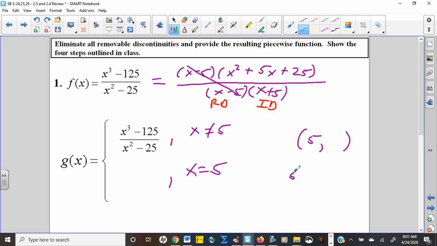So that's going to be 5 squared plus 5 times 5 plus 25 over 5 plus 5. So 25 plus 25 plus 25 is 75 over 10. You could write that as 7.5, which most people would probably just call it, but you could also reduce that all the way down to 15 halves. Either one of those would be an answer.